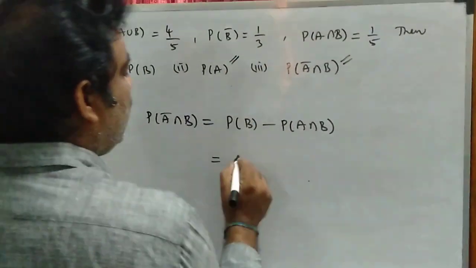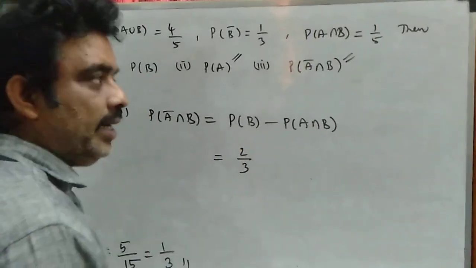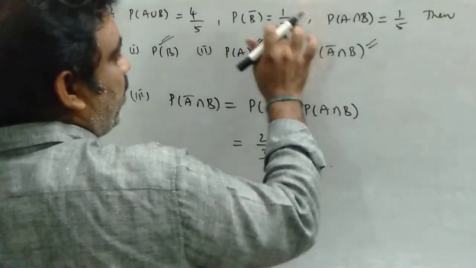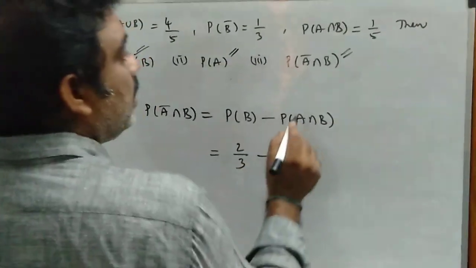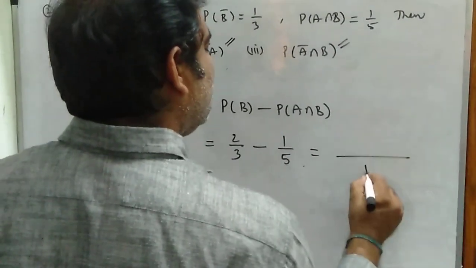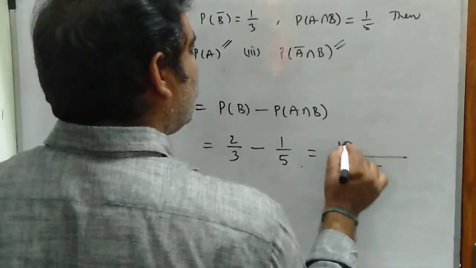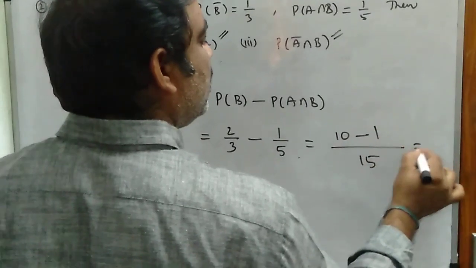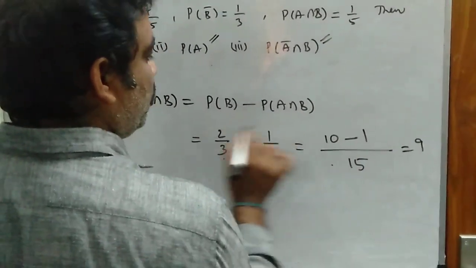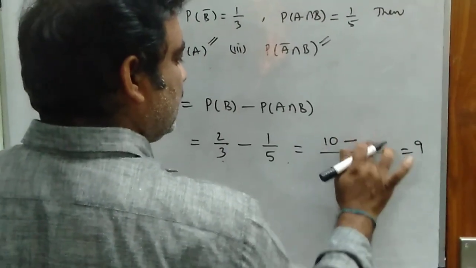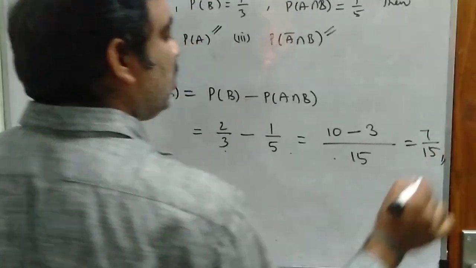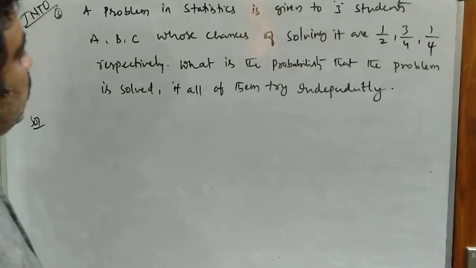What is P of B? 2 by 3 from the first bit. P of B we have already calculated: 1 minus 1 by 3, 2 by 3, minus P of A intersection B, already given as 1 by 5. So this is 15: 5 2s are 10, 5 1s are 5, sorry, 3 5s are 15, 5 2s are 10, 3 1s are 3. So 10 minus 3, 7 by 15, which is the required solution.